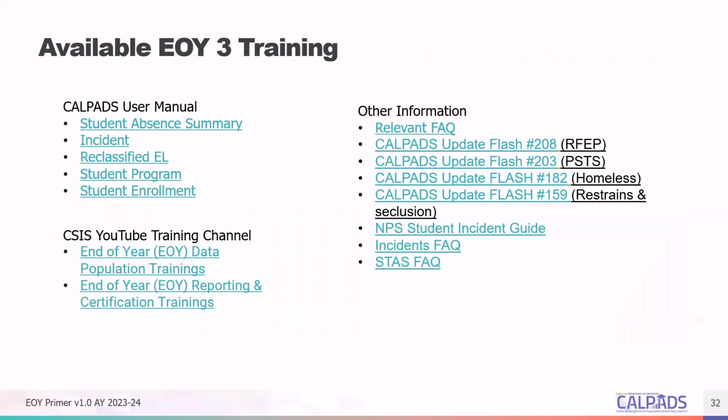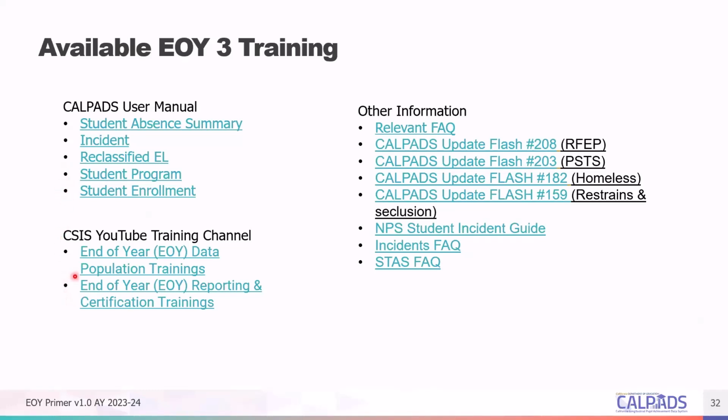Okay, and here are the links to the relevant training and guidance resources for end of year 3. In the CalPADS user manual, we have pages for the student absence summary. We have pages for each of the 3 incident files. Pages for RFEP reporting, student programs reporting, particularly in end of year 3 for homeless programs, and student enrollment or SENR records.